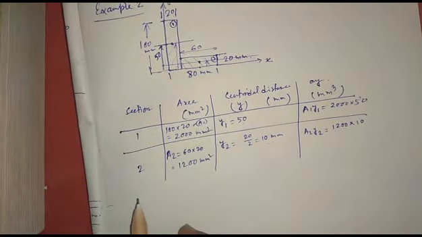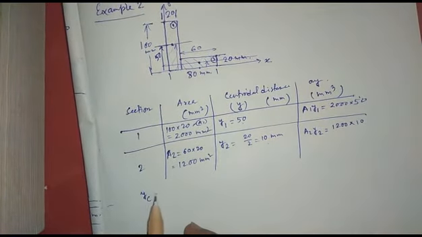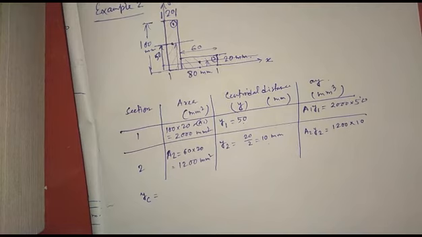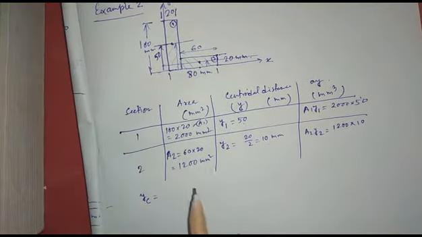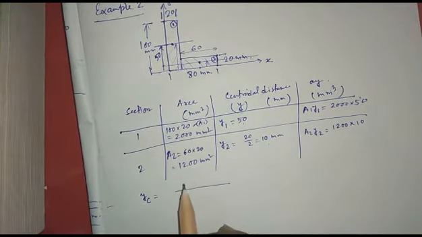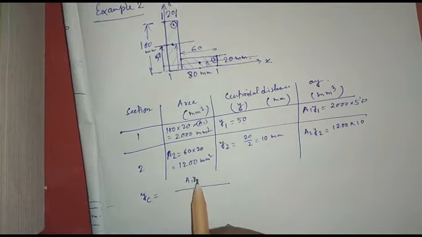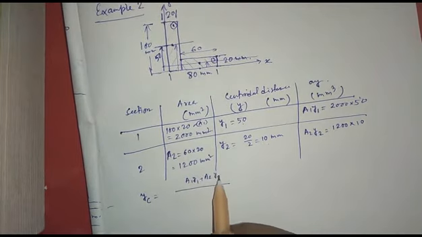Okay, so what will be the centroidal distance from x of the whole section? The formulation is (A1Y1 plus A2Y2) divided by (A1 plus A2).